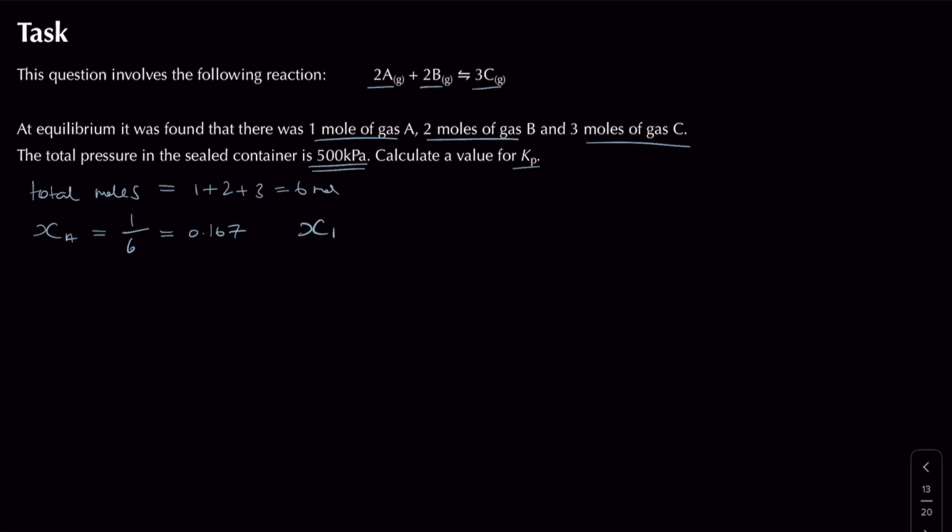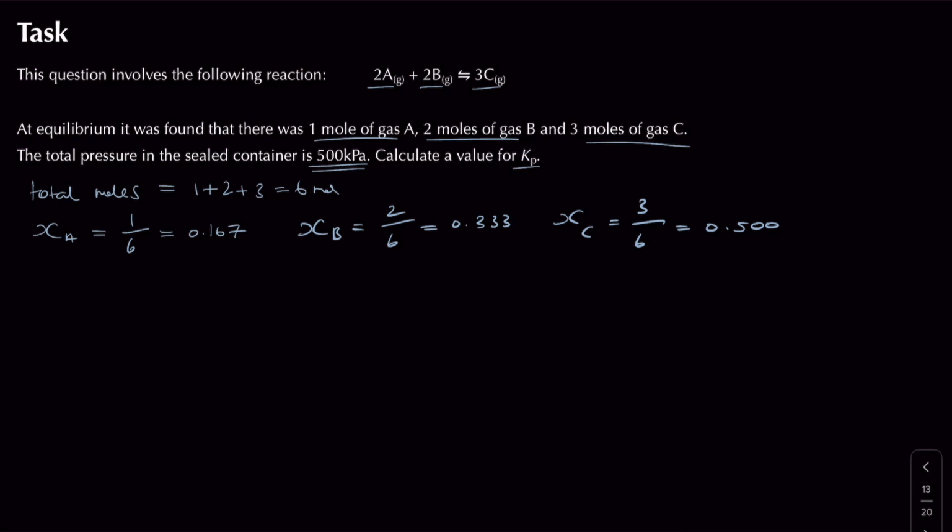The mole fraction of B is equal to 2 divided by 6, which gives me 0.333, and that's recurring, of course. And then C is equal to 3 divided by 6, and that's just equal to 0.5 itself. Now, I can check if these are right by adding them all up, they should equal 1, but I'm going to leave it as it is for now.